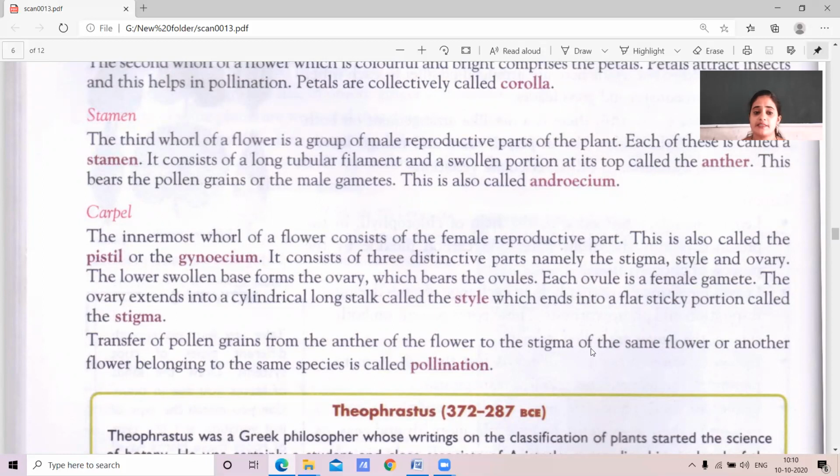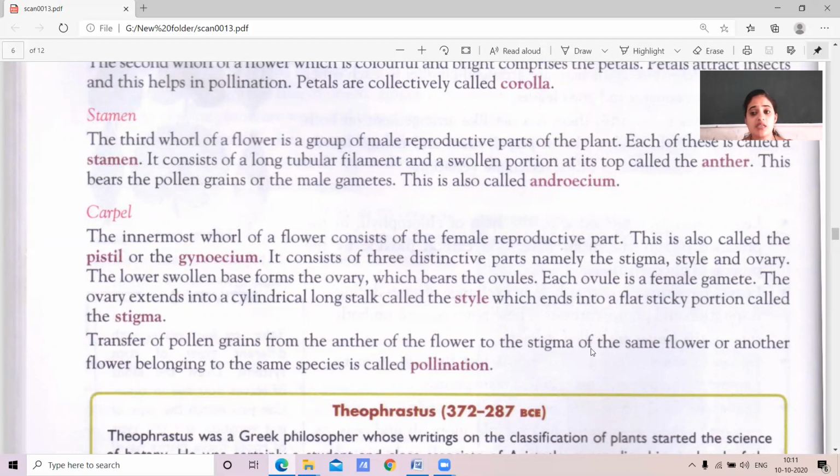This ovary extends to a cylindrical long stalk called the style, which ends in a flat sticky portion called the stigma. If you see the flower, on the upper side we can see a sticky material, a yellow colored sticky substance.